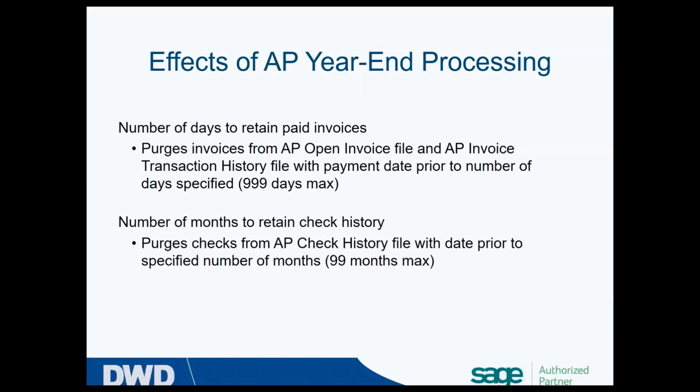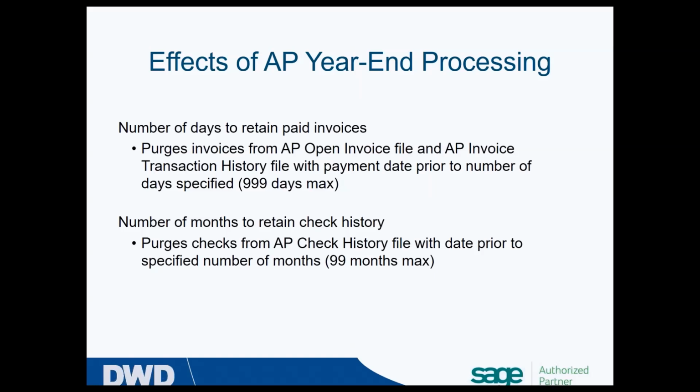Once we do a year-end processing, or even a month-end processing, and we have surpassed the number of maximum days, things that are closed before that number of maximum days are only going to be accessible in the history files.